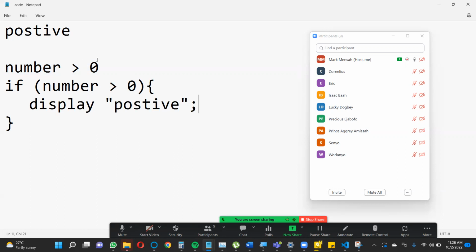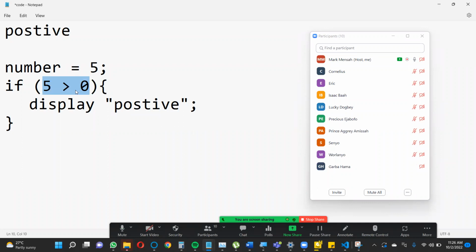That means that if our number is, let's say, 5, then over here we have written 5. Is 5 bigger than 0? The answer is yes.